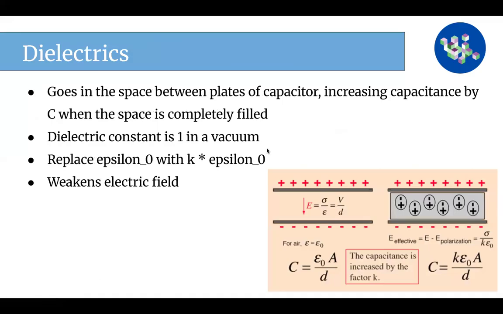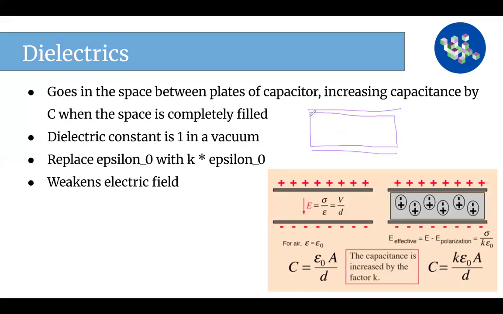All right, dielectrics. What are dielectrics? I originally had a capacitor, for example a parallel plate capacitor. Instead of the region inside being a vacuum, I place a dielectric inside, which is an insulator.